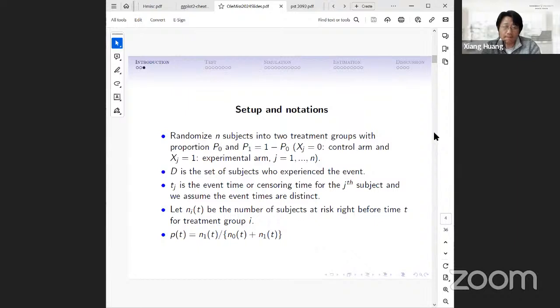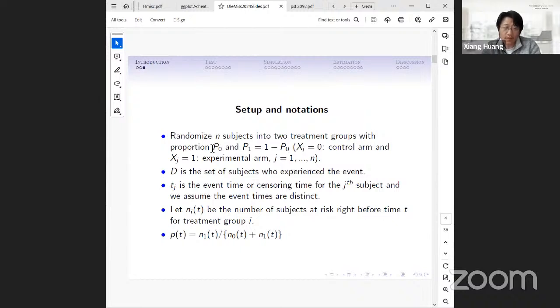Basically, for the setup and notation, we use the Schoenfeld notation throughout our research. Suppose we randomize n subjects in two treatment groups, control and experimental. D is the set of subjects who experience the event, and t_j is the event time.